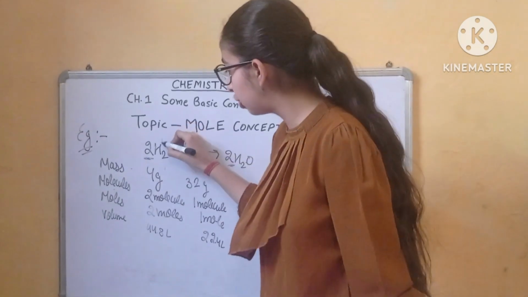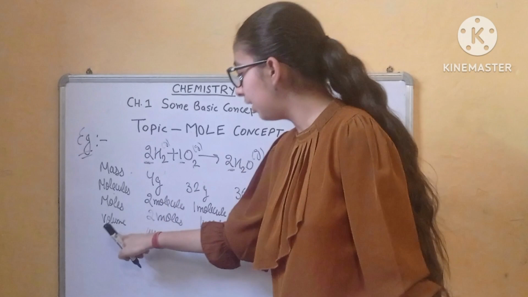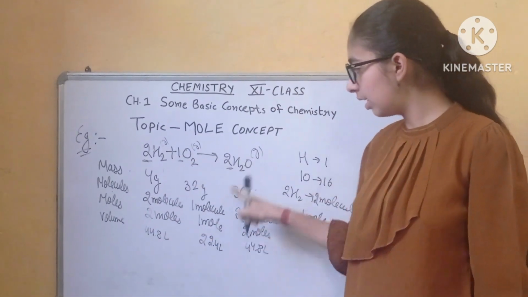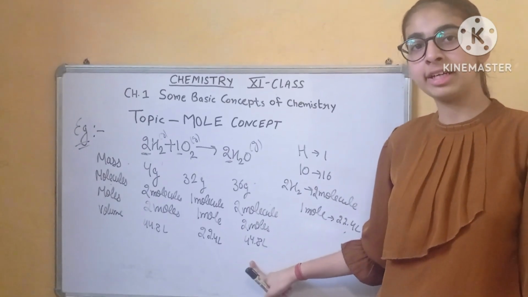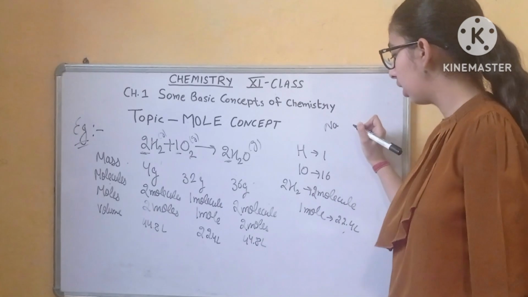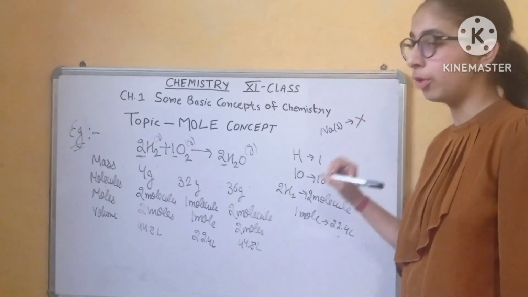If I talk about gaseous, then only I can write 44.8 liter for 2 moles of H2, 22.4 liter for oxygen, and 44.8 liter for 2 moles of H2O. If any compound is written, for sodium, yes, sodium, but it is a solid. Over here we can't write the volume because it is solid.